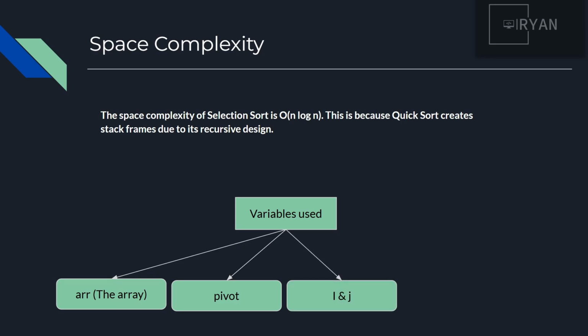I and j, indices used to manage and track partitions. And temp, a temporary variable for swapping. These variables contribute a small constant amount of additional memory overhead, but of course recursive call stacks kind of ruin its constant space design.